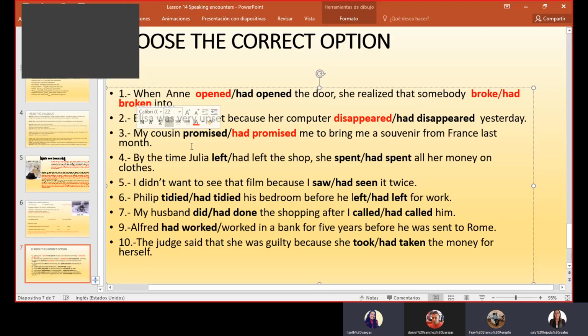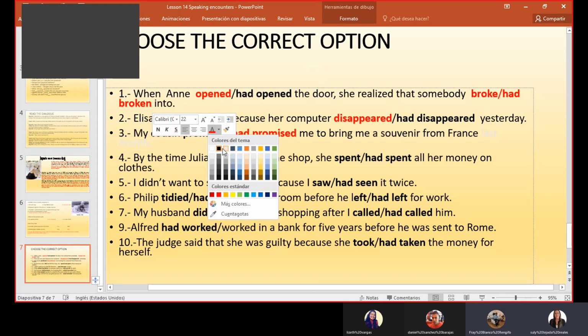Te la voy a decir en español. Mira, mi primo me había prometido traerme un recuerdo de Francia el mes pasado. Oh, pero aquí dice el mes pasado. Mira, o sea que estabas bien. Yo pensaba que decía next month.